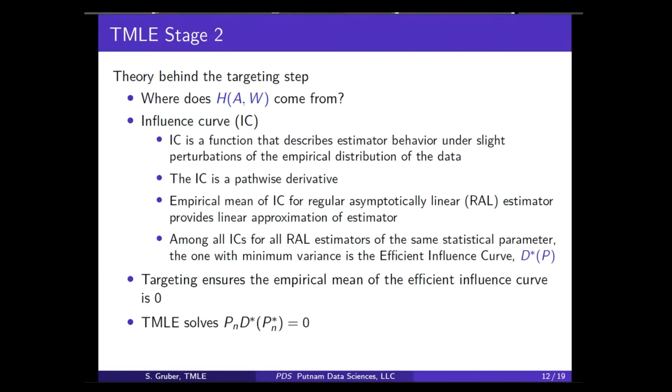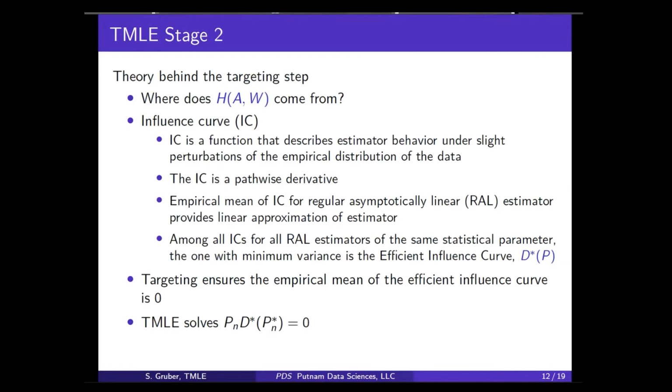The empirical mean of the influence curve for a regular asymptotically linear estimator, and most of the estimators we ever think about are regular asymptotically linear, provides a linear approximation of the estimator. That means you can actually use it mathematically to estimate the parameter of interest.